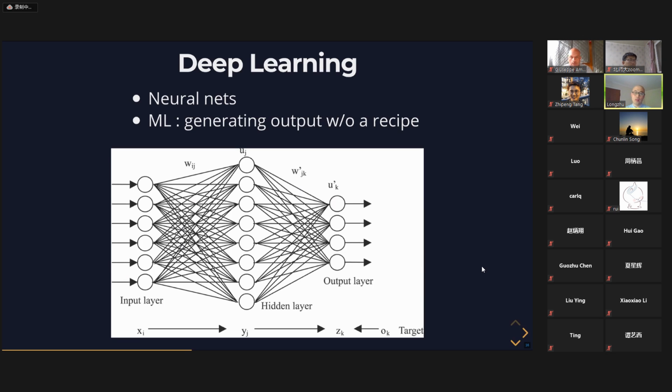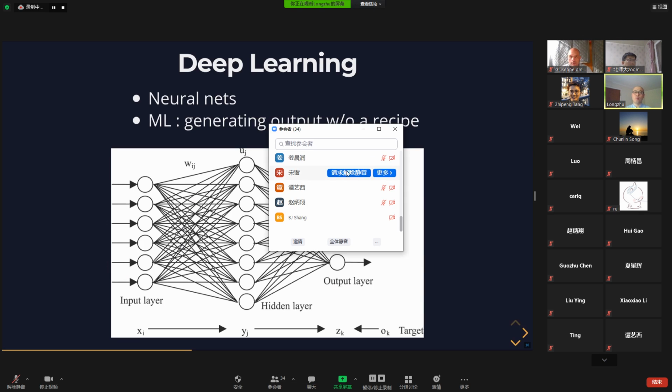That limited the application of this technology for some time until, not very recently but recent enough, people came up with the backpropagation algorithm.